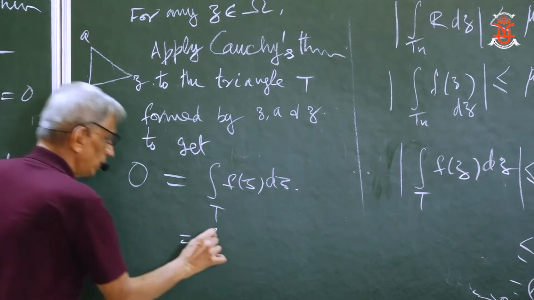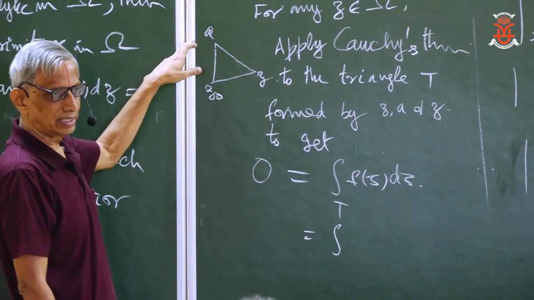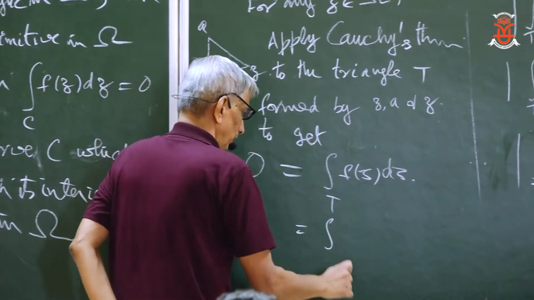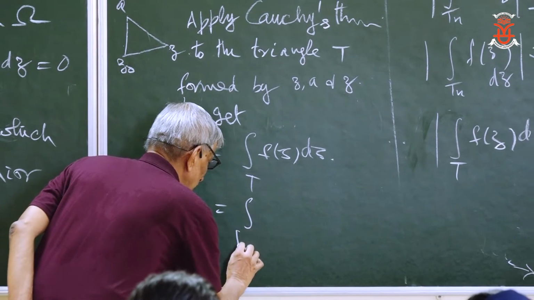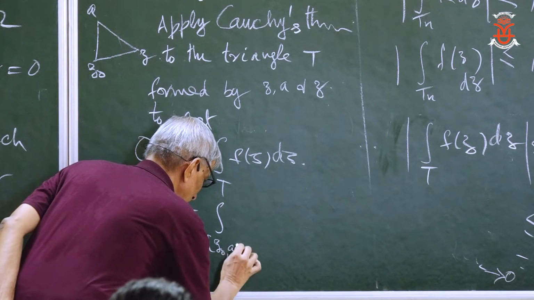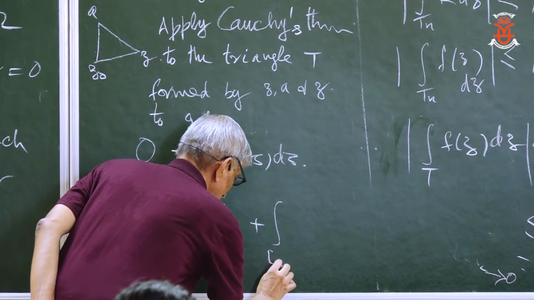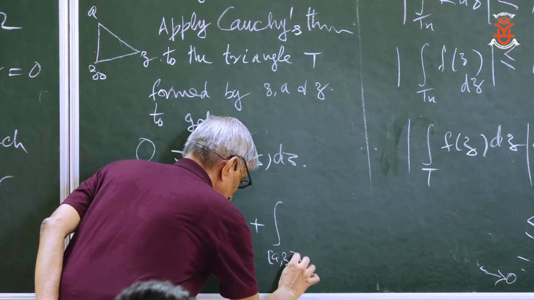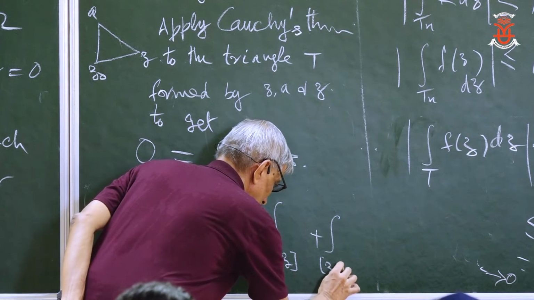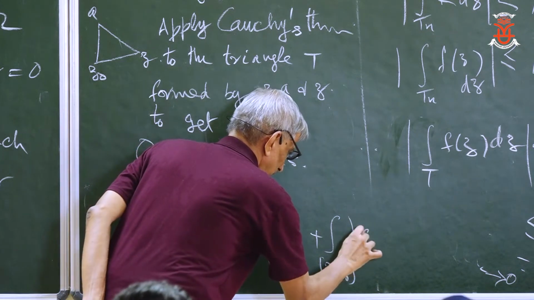So this is the integral over the three segments Z0 A, AZ and ZZ0 of f zeta.